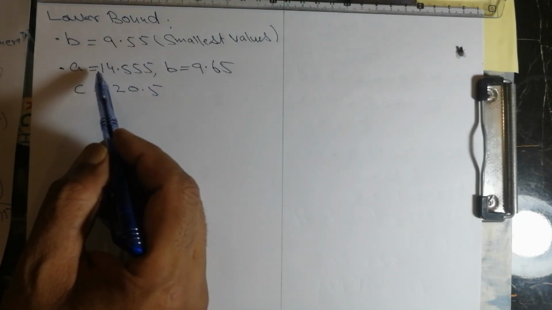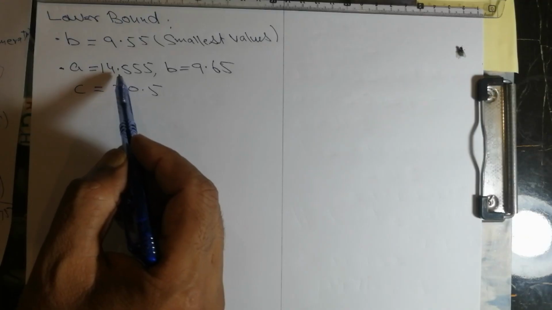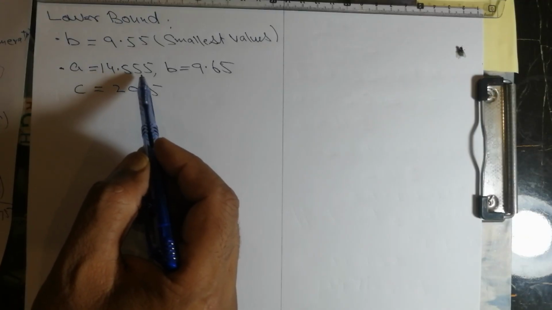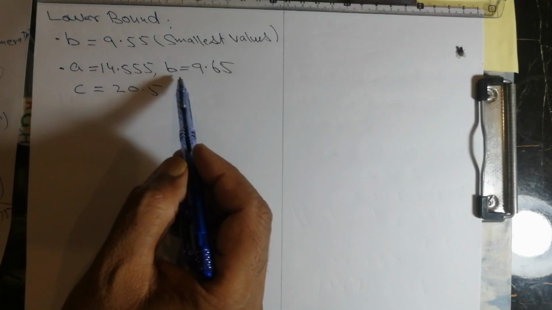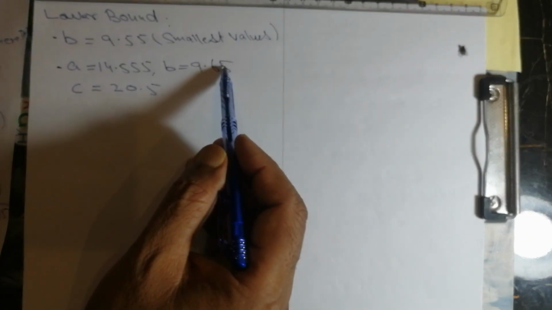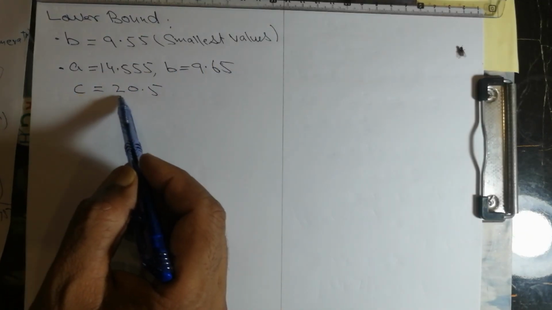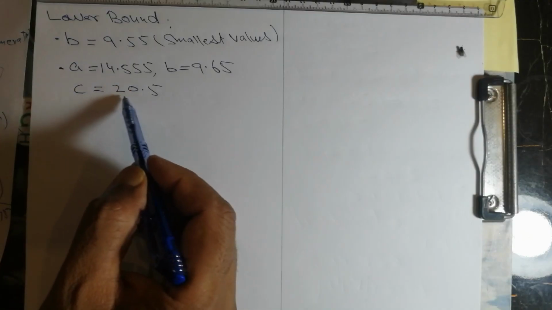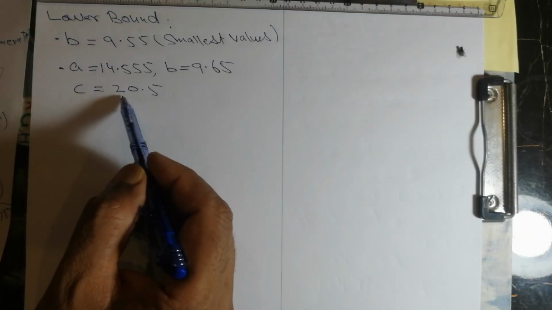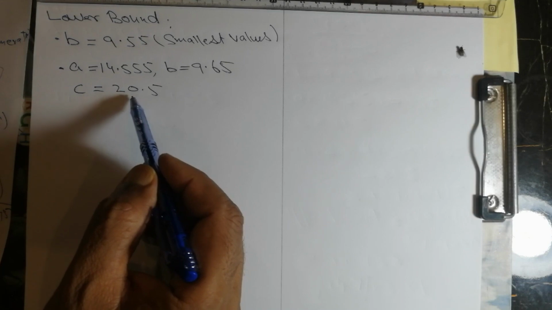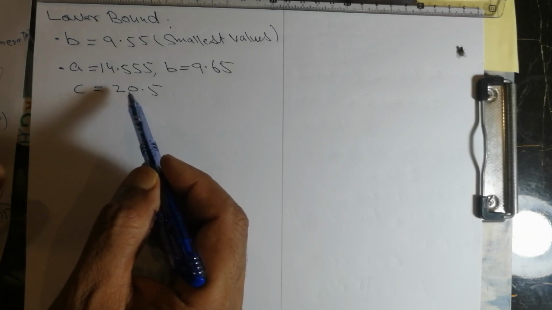So a is equal to 14.55, which is the upper bound value, b is equal to 9.65, which is the upper bound value, and c, because there is a minus, changes into the lower bound. So this is the smaller value, the lower bound value.